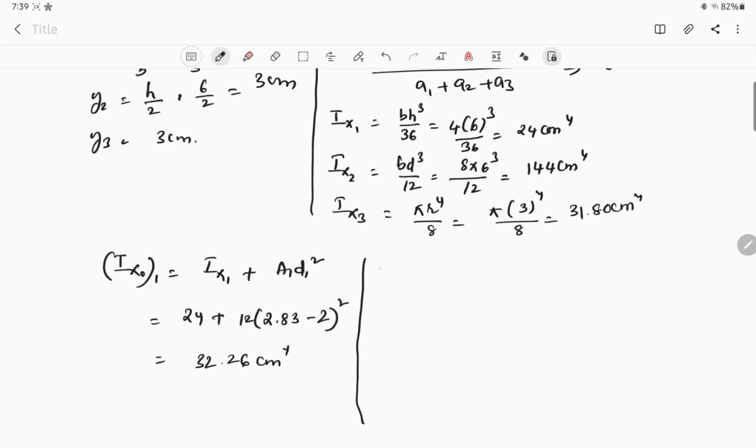Now similarly we'll calculate Ix0 of second element. Ix0 of second element is equal to Ix2 plus a2 d2 square. What is the value of Ix2 we got?